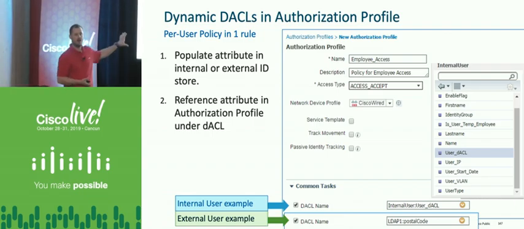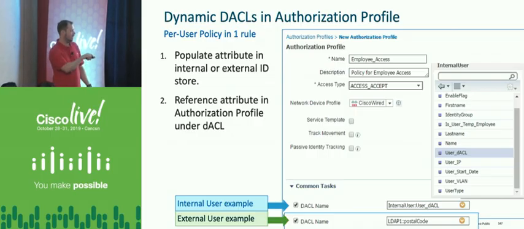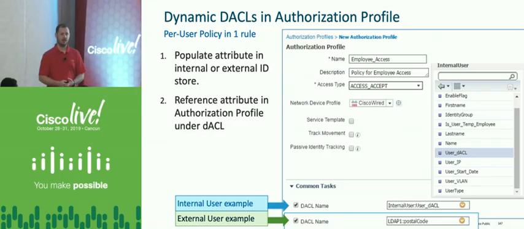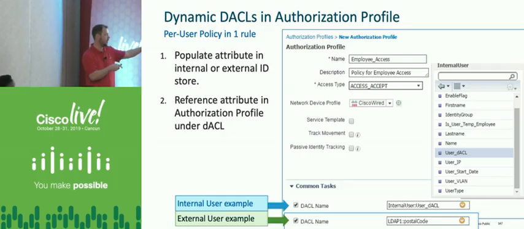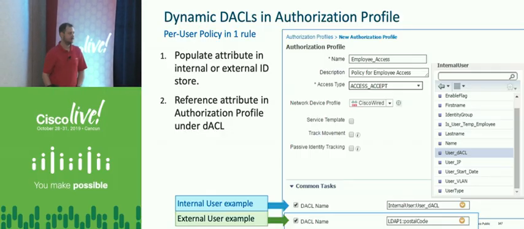The same thing goes for things like VLANs or any attributes within an ISE authorization profile. We can do this external or internal lookup to replace them. This saves quite a bit, because normally the reason why we have all these rules is so we can differentiate access for DACLs or VLANs or other criteria.